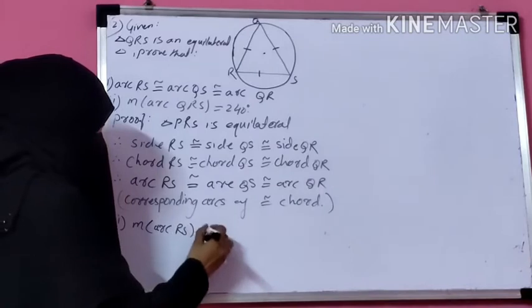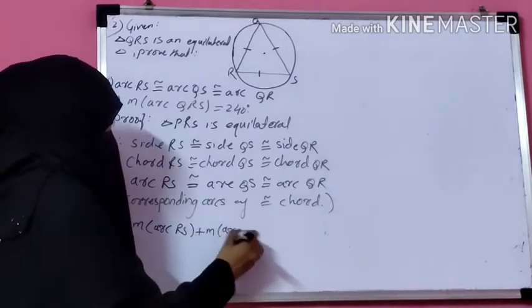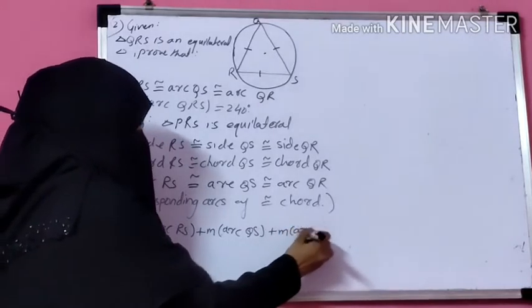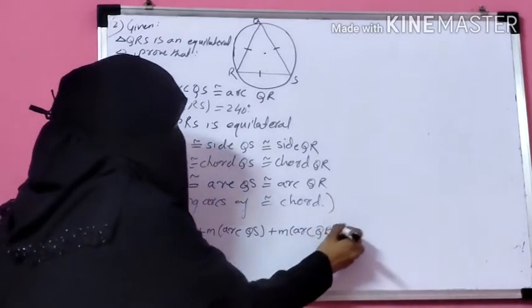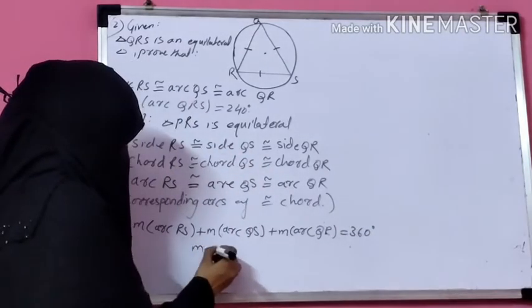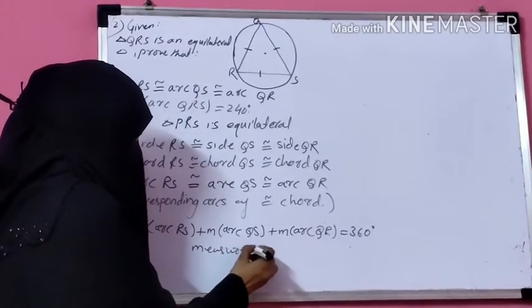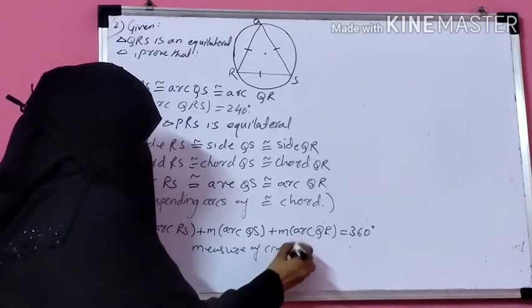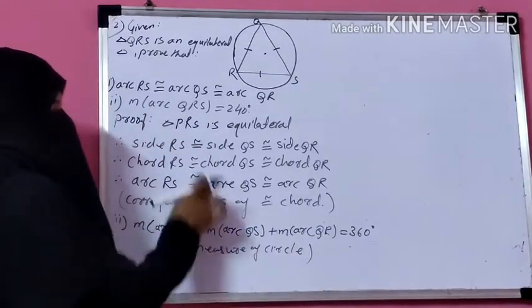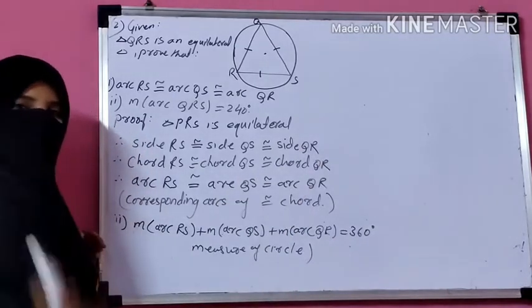Now here we have proved that all these arcs are congruent, so their measures are equal.